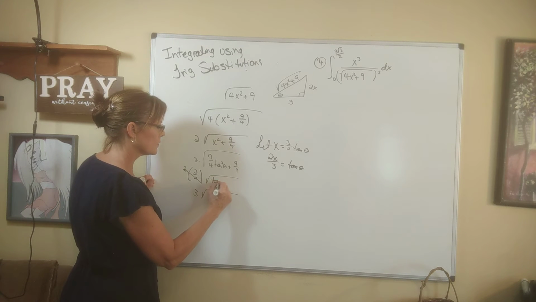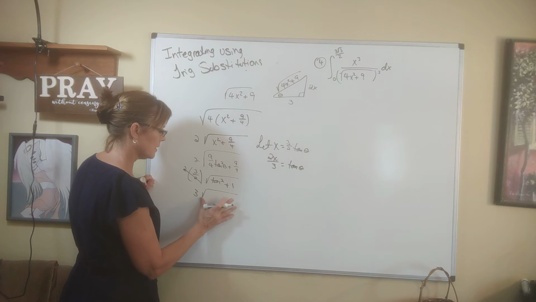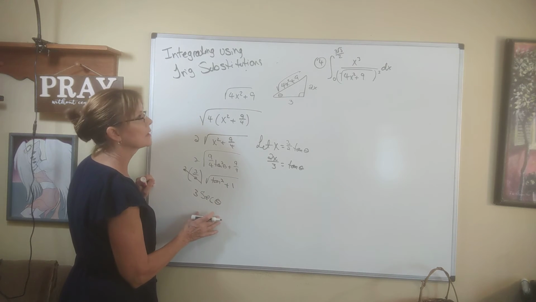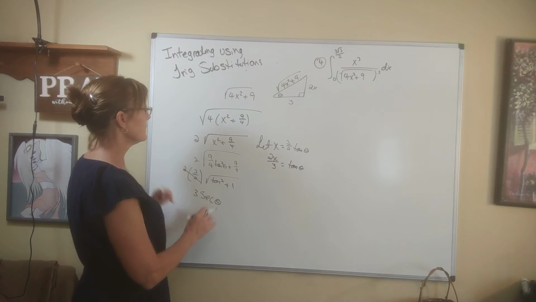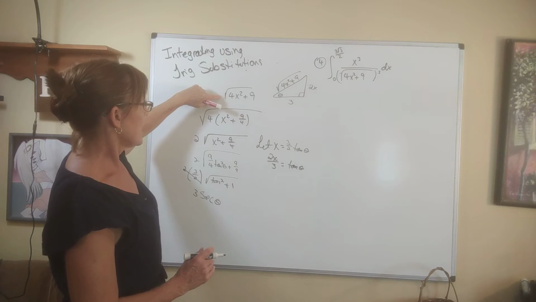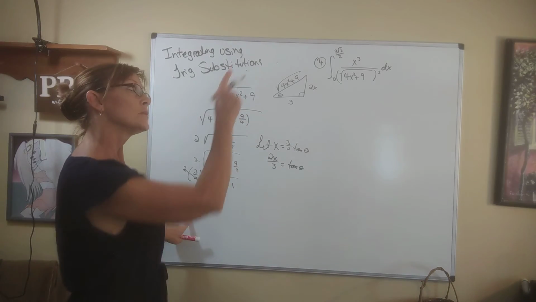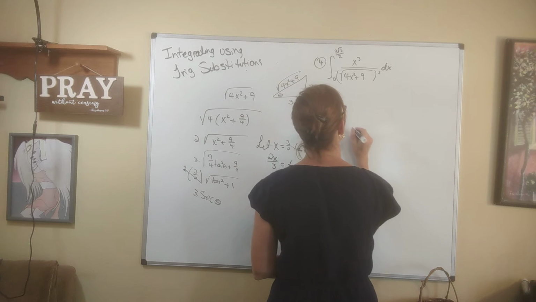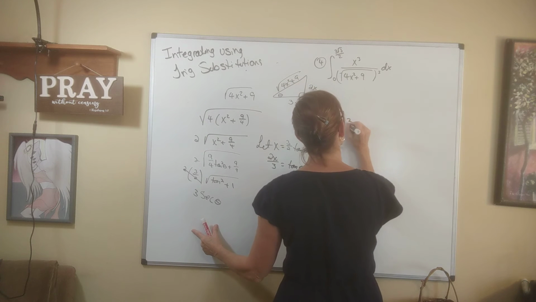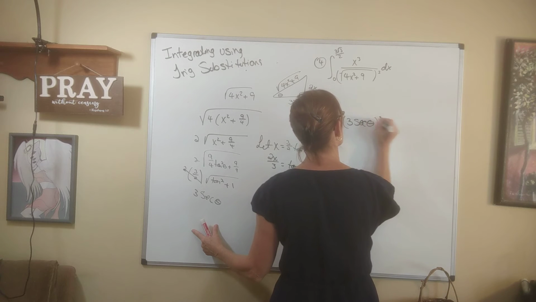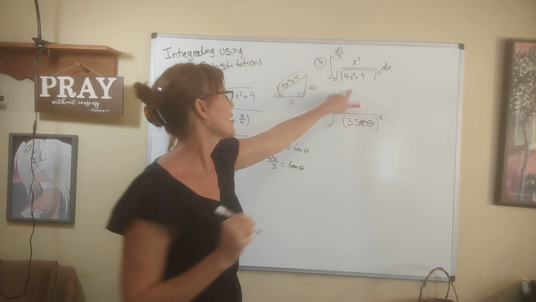The square root of tangent squared plus 1 is the square root of secant squared, so 3 secant theta is what I get right there. That's what the square root of 4x squared plus 9 is. But it's being cubed, so this is going to be 3 secant theta cubed. That took care of that part.